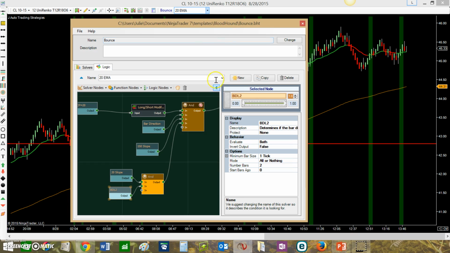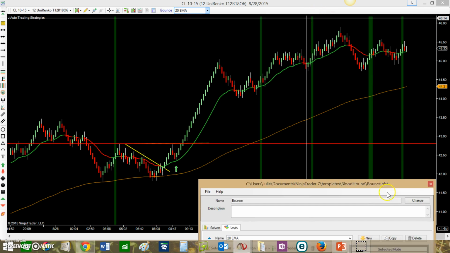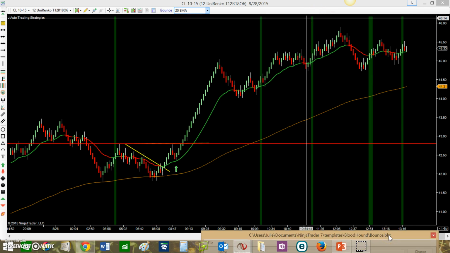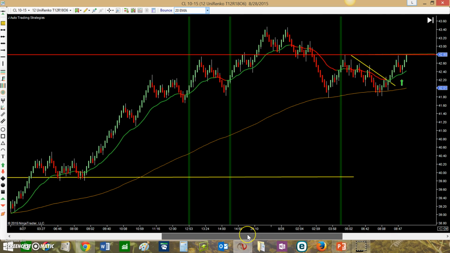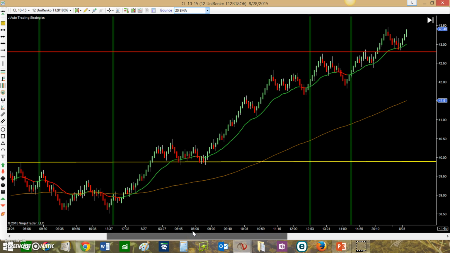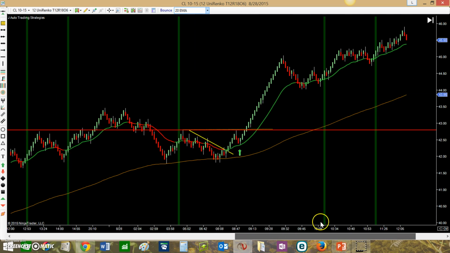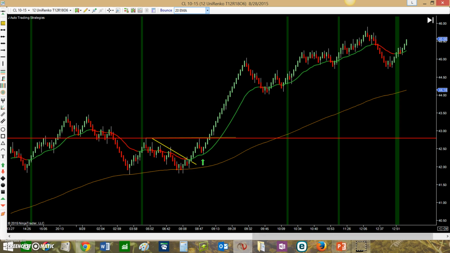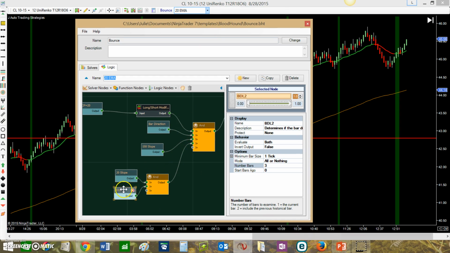Sort of filter them out. There you go. That helps get rid of some bad signals, but you also filter out some good ones. So when you're filtering, it's all a toss-up.